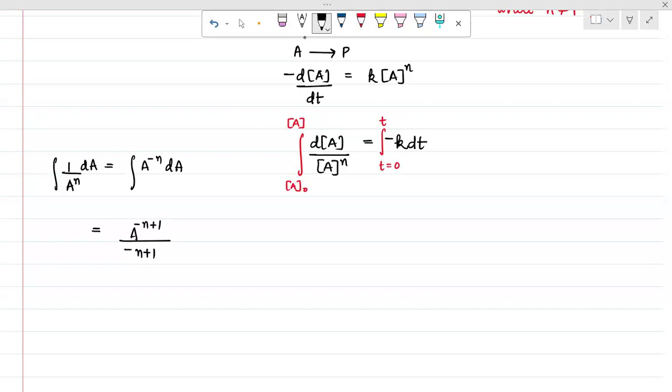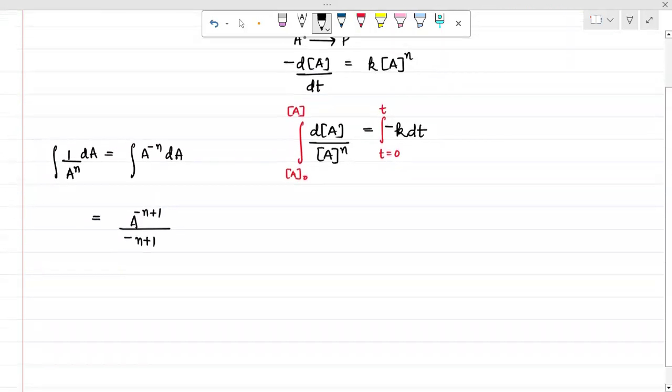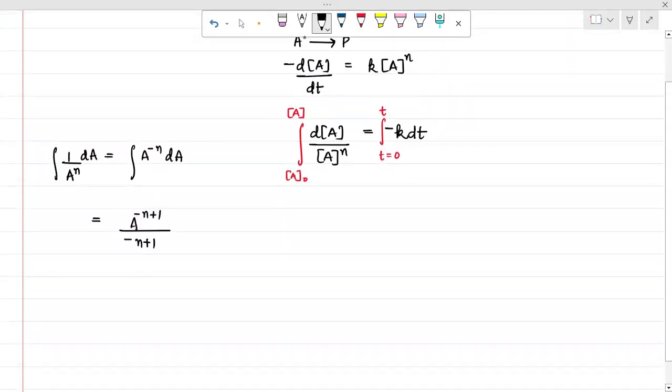When I take it to the denominator, again the signs will change, and it becomes 1 by 1 minus n, which is the constant, into 1 by A to the power n minus 1. So when I take it to the denominator, it will become A to the power n minus 1.